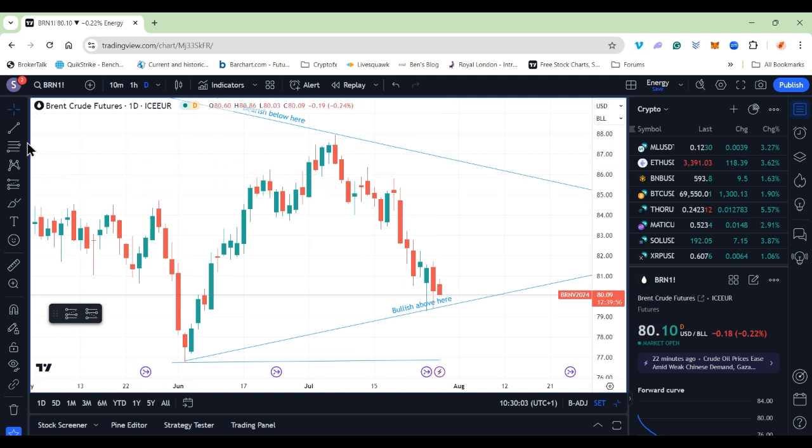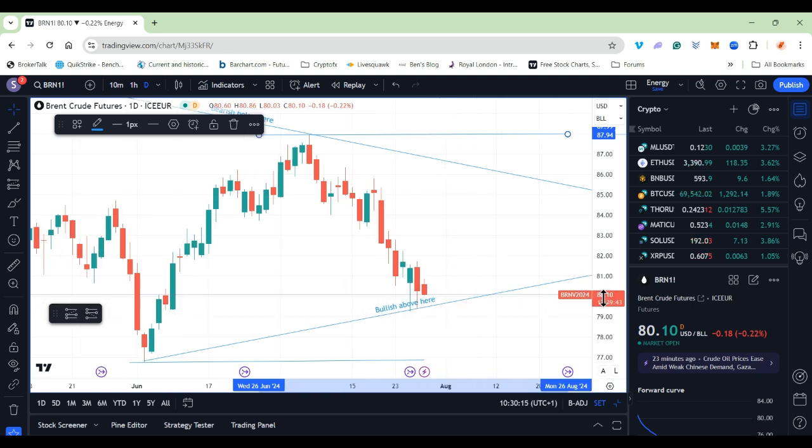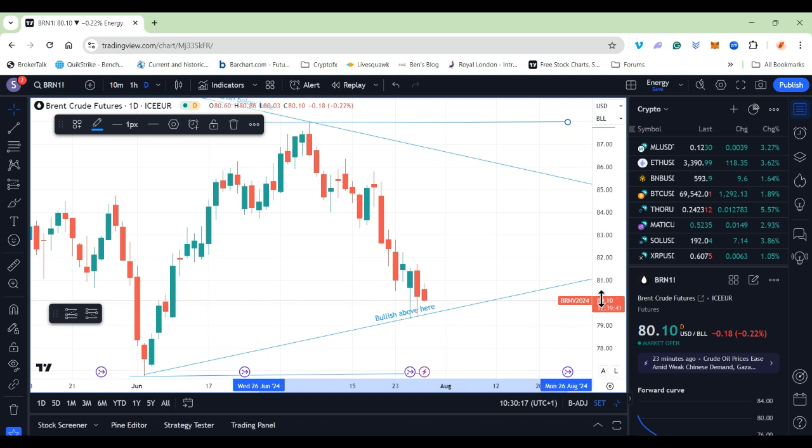So that's a $10 bounce, big move for oil, $10 bounce. And then we hit around 88, and then we sold off to where we are today. It's around 80, big round number. So that's why I like oil around here as well, because we're at this big pivotal, this is human number bias, big round number 80. Are we going to bounce from there, or are we going to break below and head towards new lows?